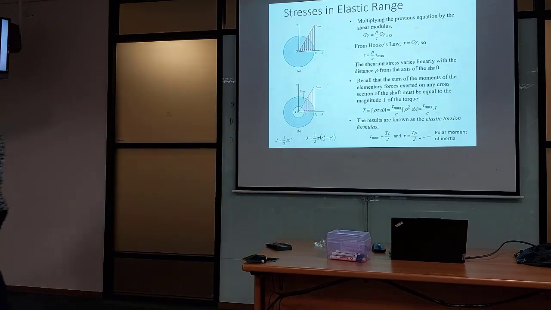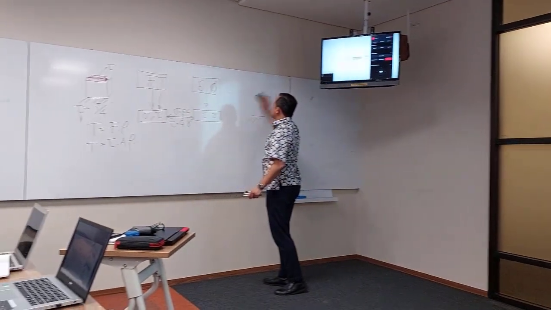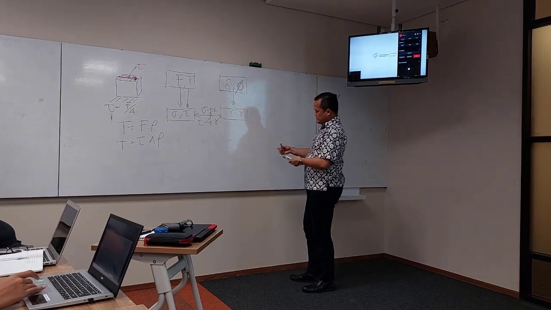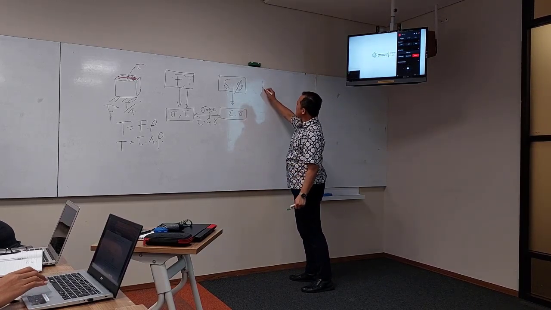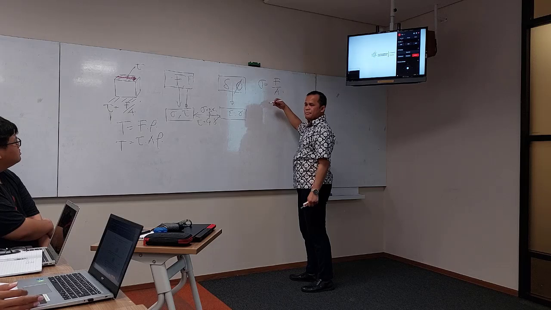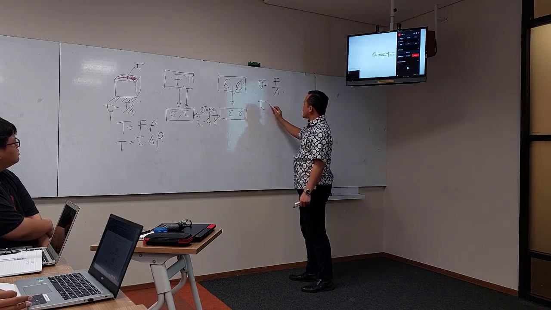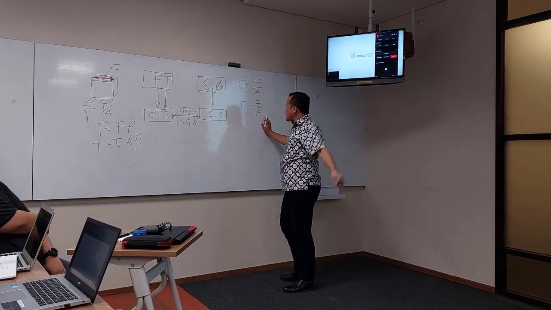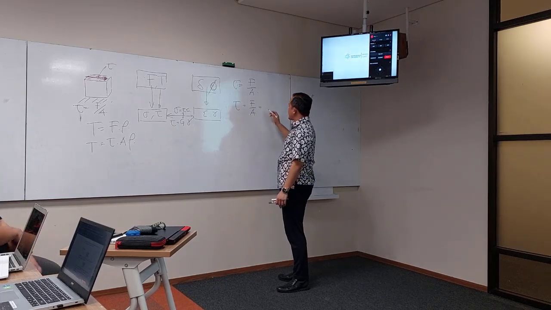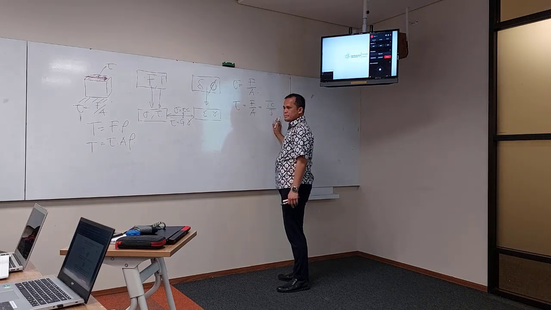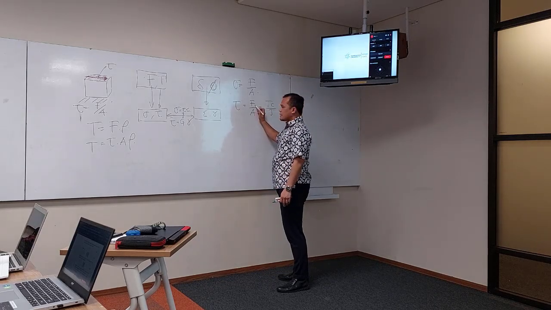Now I would like to make you remember the equation. Sigma is F over A. With the same logic, we also know that tau is equal to F over A. From that slide, we have figured out that tau can be expressed as Tc over J. F is the load, torque is the load as well.